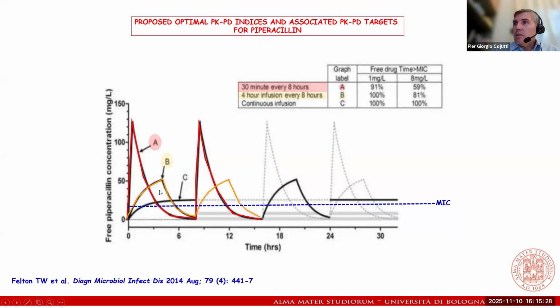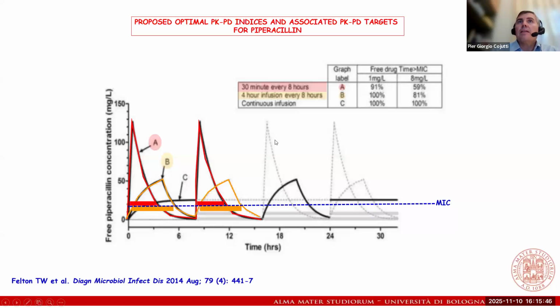When you prolong the dose, by administering extended infusion, you can see that the period in which concentration falls below this efficacy threshold reduces, and so the efficacy may increase.